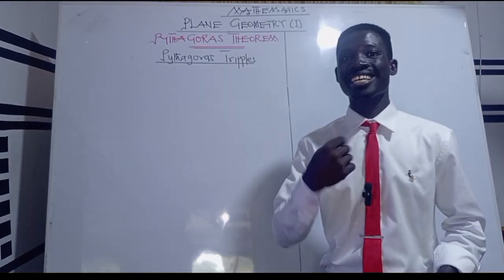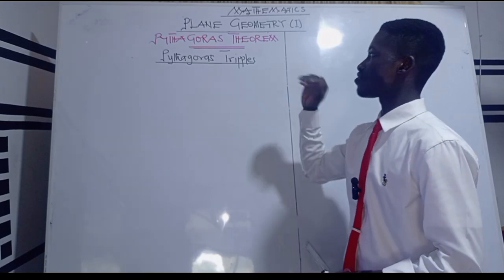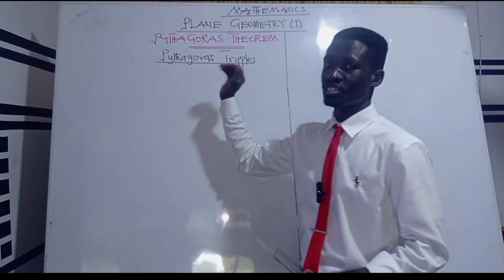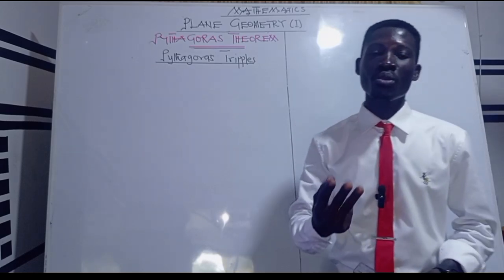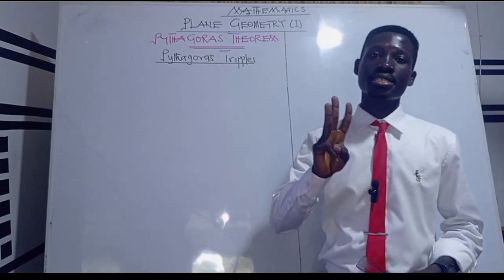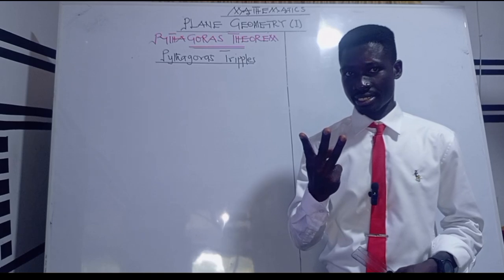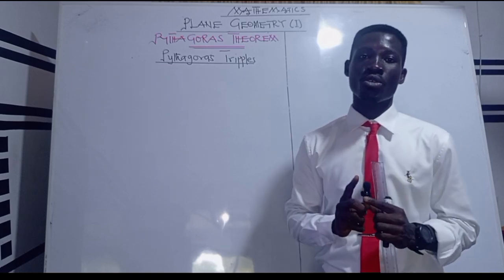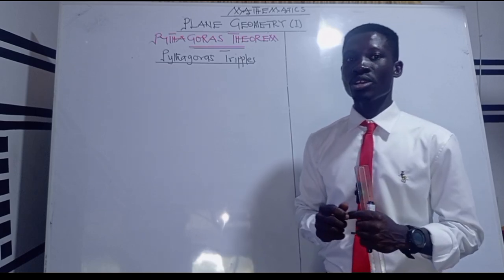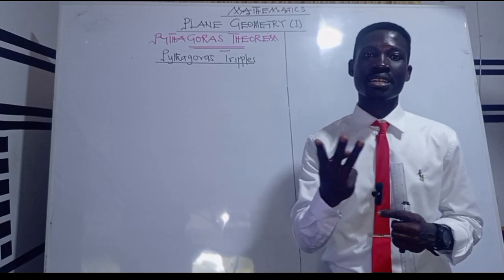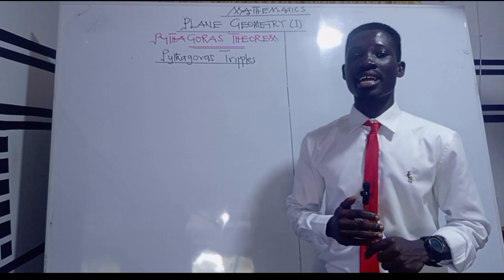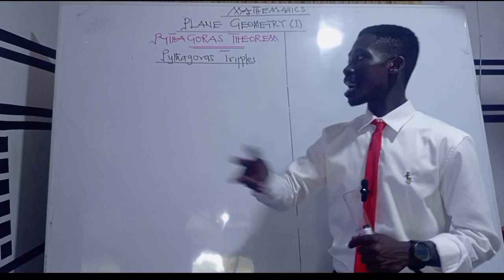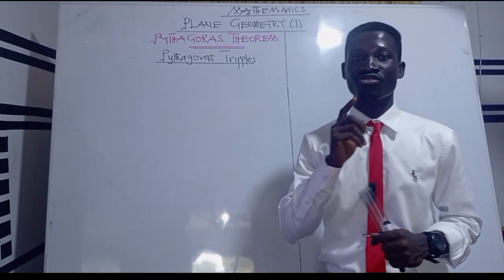Good. So what we are looking at next is the Pythagoras triples. Now triple means what? 3. The Pythagoras triples consist of 3 positive integers that obey the Pythagorean theorem. So when you have 3 numbers and these 3 numbers obey the Pythagoras theorem, then we say that these 3 numbers are called the Pythagoras triples.